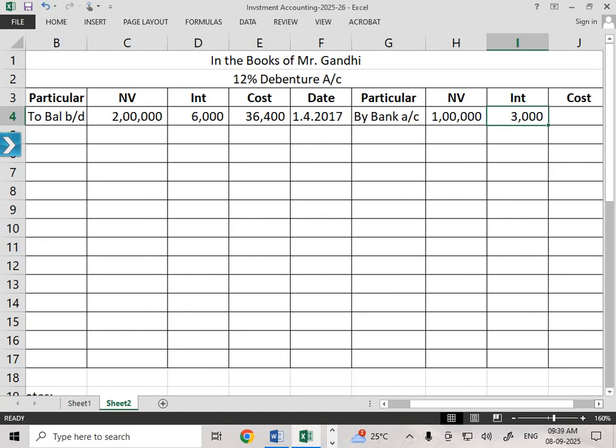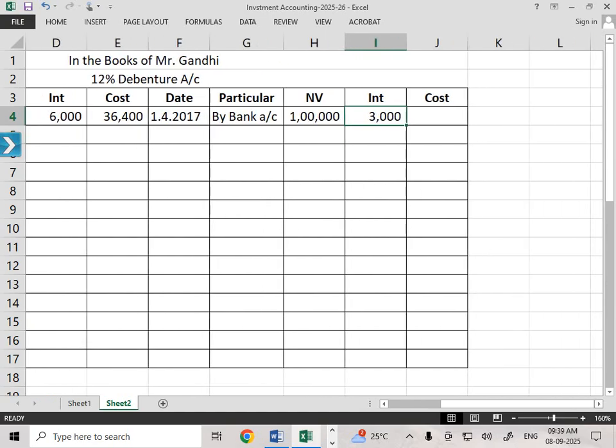Okay. Now please pay attention here. How to find out the cost? Cost means COS. So here I will calculate. Please pay attention here. How am I going to calculate the cost? You have to calculate the total number of debentures. How many debentures are there? 1000.